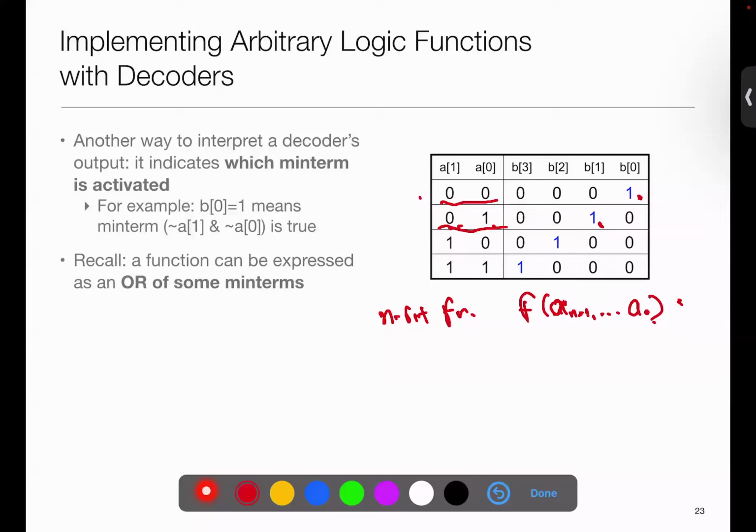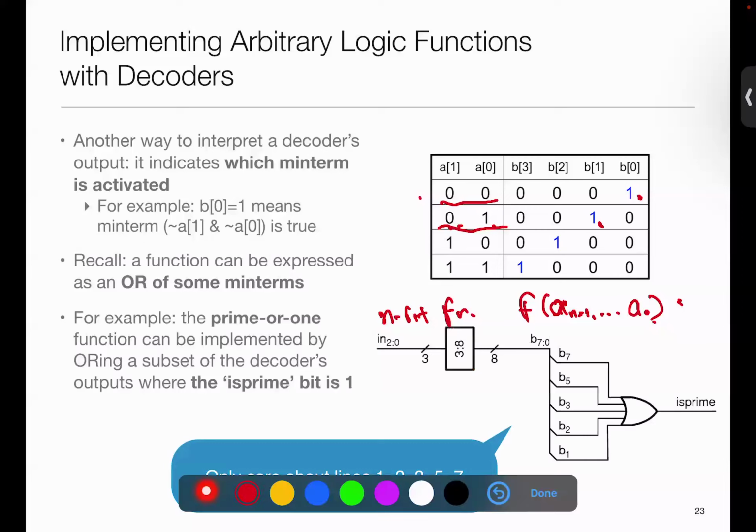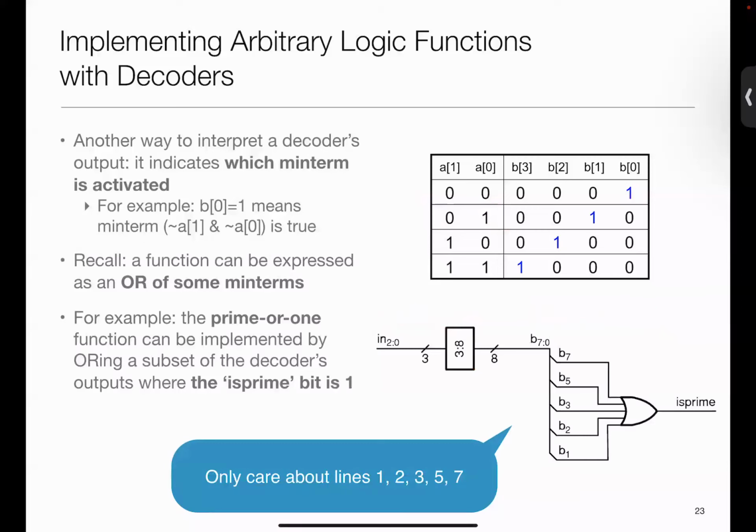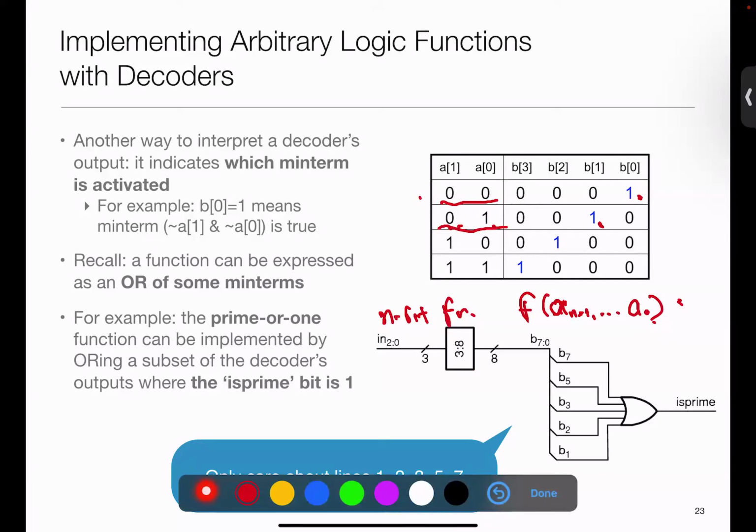And then we have already seen that I can implement any function using an OR of minterms. So I guess I wasn't quite truthful: with a decoder together with an OR gate, I can implement any function.